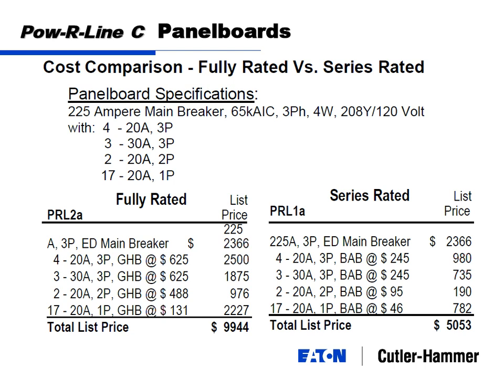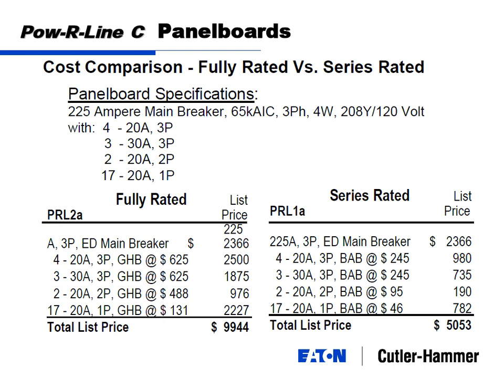So when we're looking at pricing the system on a fully rated system, a main breaker, 2,300 bucks. All these feeder breakers, which all have to be rated 65,000 amps, add up to a little less than $10,000. If I go series rated, I've got the exact same main breaker. Remember, it carries the same rating, so that's 65,000 amps.